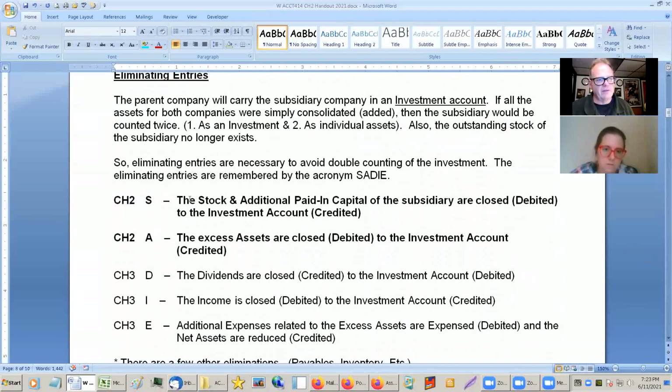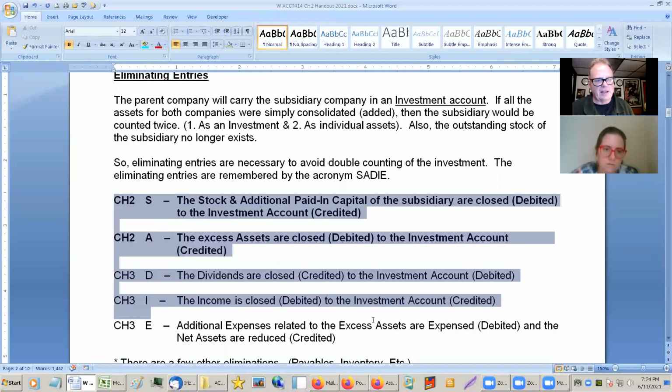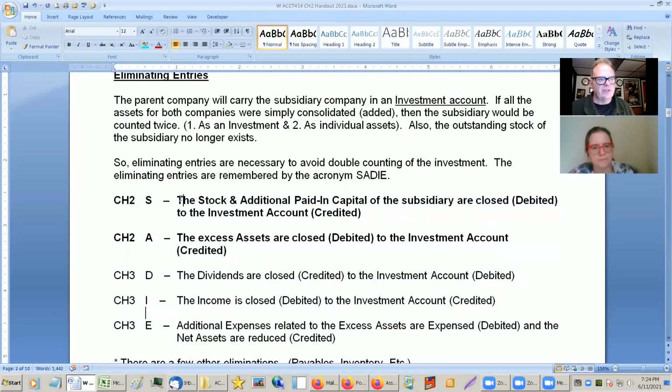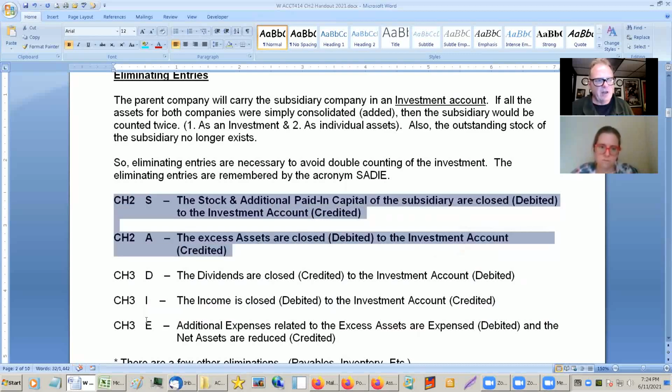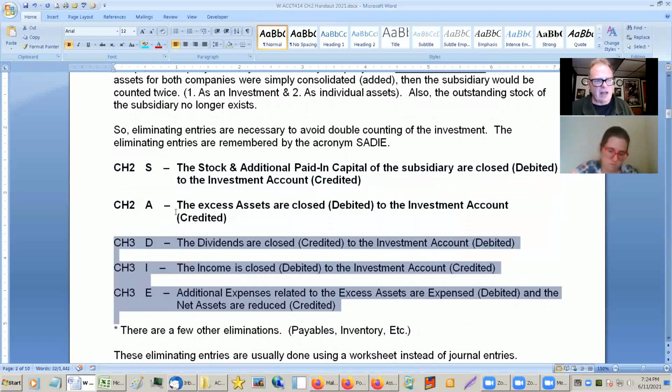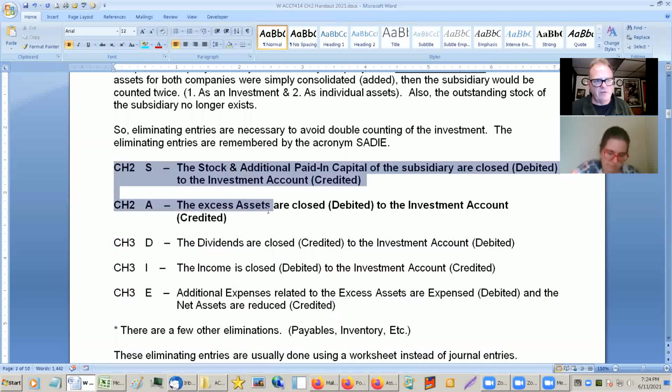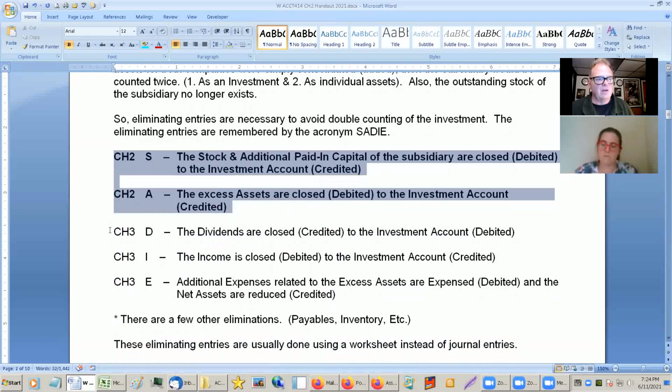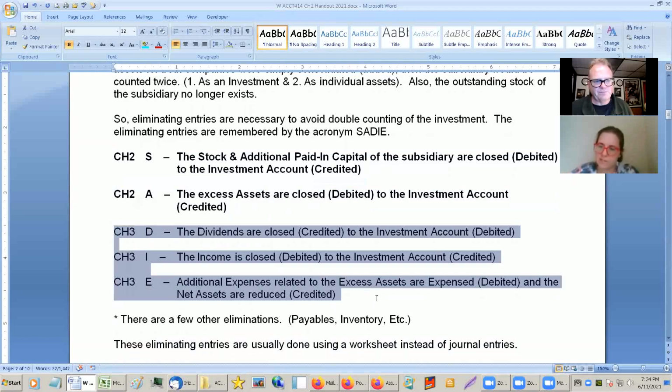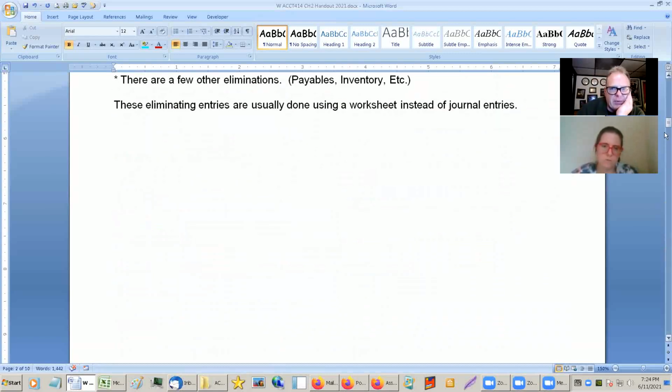You remember the acronym, whatever it is. The one we're going to do is stock and excess assets. So this is chapter 2, but then we're going to have chapter 3. So I usually don't have an exam on chapter 2 for the consolidation, because it all feeds into chapter 3. So I think we'll hold off on that till next week, and doing it all at once will probably make more sense anyway.